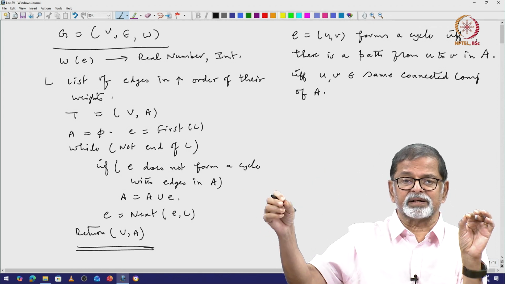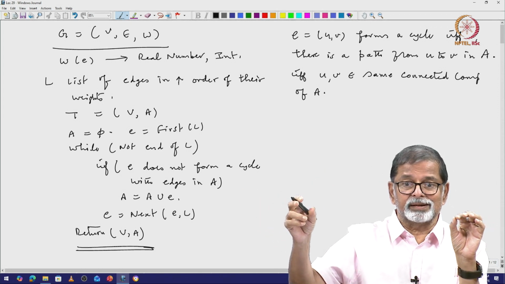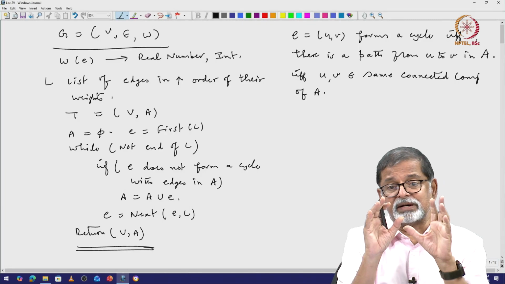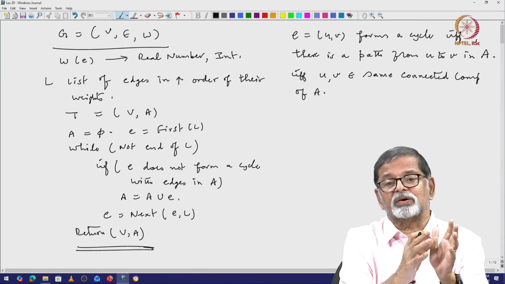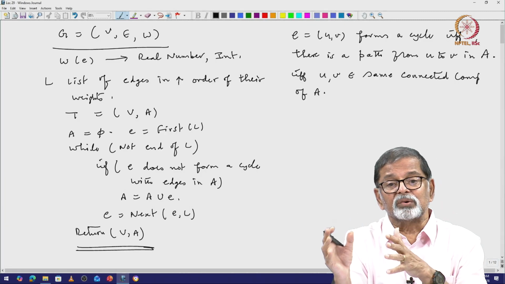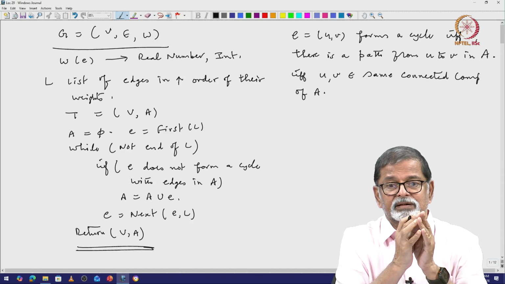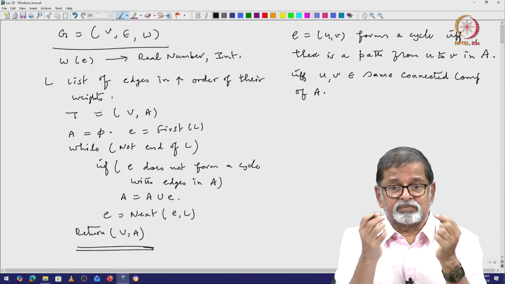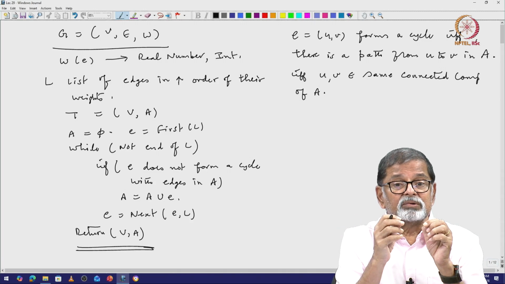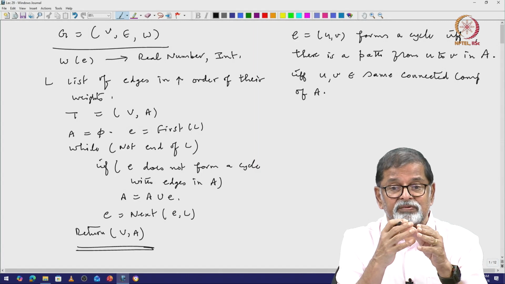If they are in different connected components of A, then there is no path. So I can very clearly say when it is going to form a cycle and when it is not going to form a cycle. Just look at the end vertices. All I have to know is a mechanism to identify.